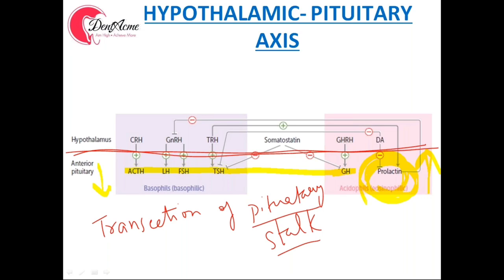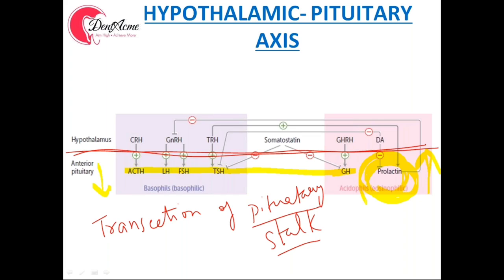Something of that sort, right? So when there is transection of the pituitary stalk, there is increase in levels of prolactin. And all the hormones are secreted in pulsatile fashion except TSH.